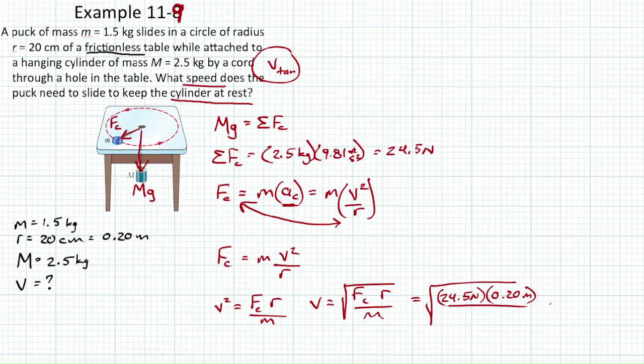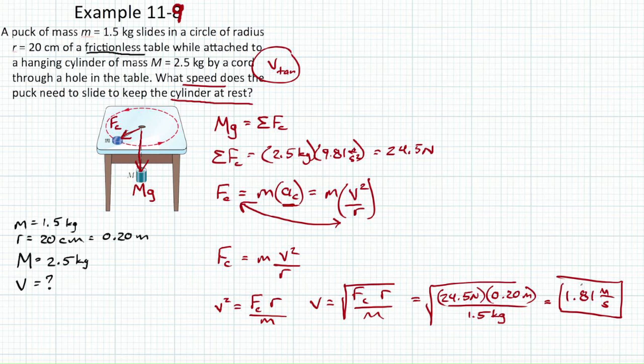In this case, it's the mass of the puck, because that's the thing that's spinning around in a circle, balancing out the weight in the middle. That's divided by 1.5 kilograms. And I get 1.81 meters per second. That's it. That's example 11.9.